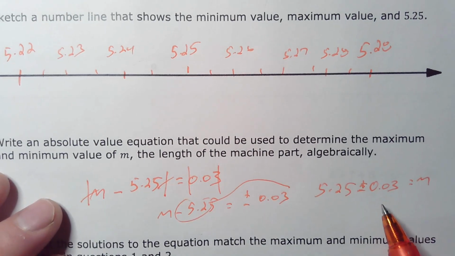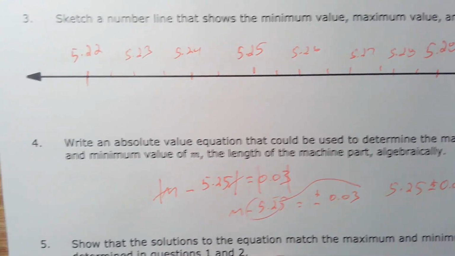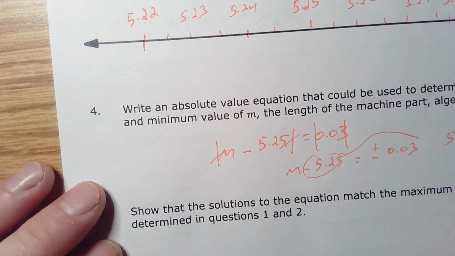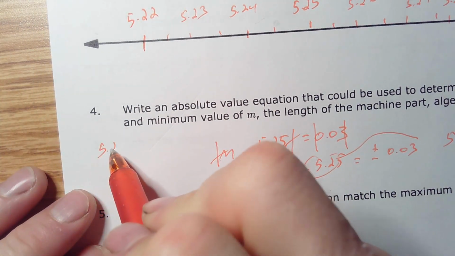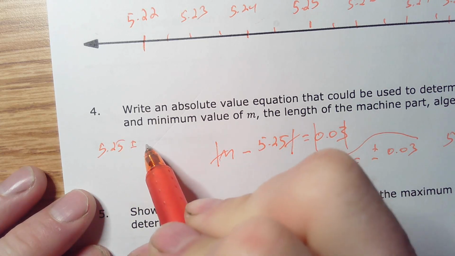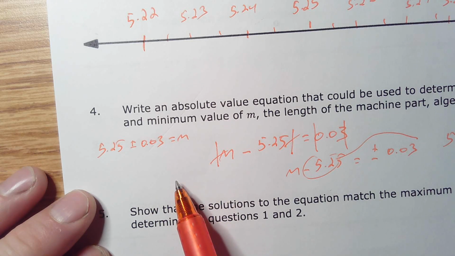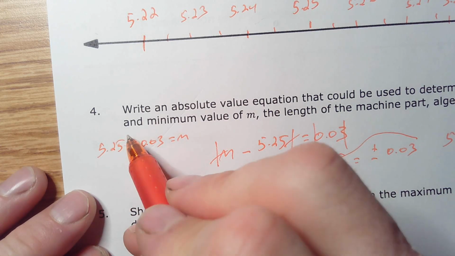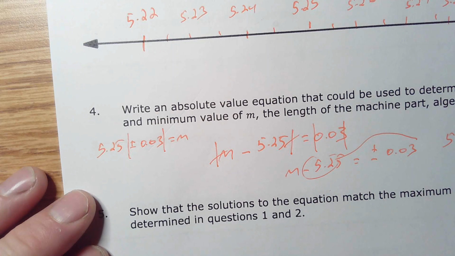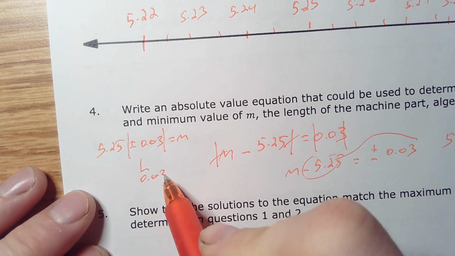So I start with describing it. My absolute value is saying, hey, I have to start at 5.25. It's going to be plus or minus 0.03, and that's going to equal whatever my length can be, right? So this is another way to say plus or minus is the absolute value, right, of 0.03.